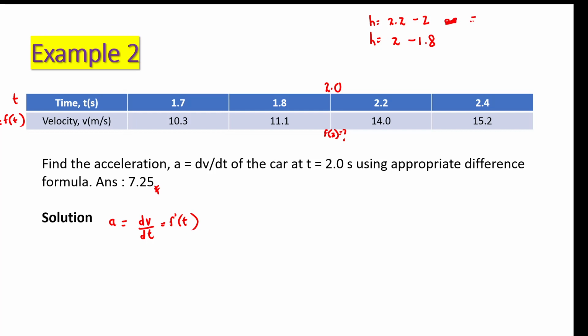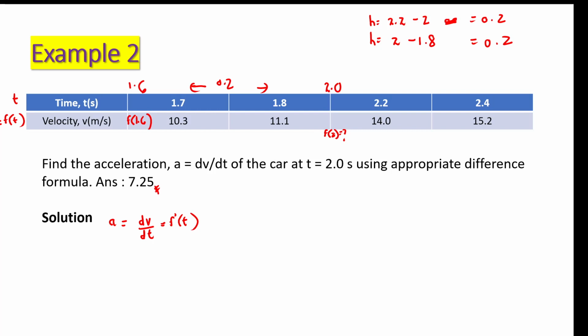So both are 0.2. From 2.2, adding 0.2 gives 2.4. But from 1.8, if h is 0.2, you should have 1.6, but you don't have f(1.6).